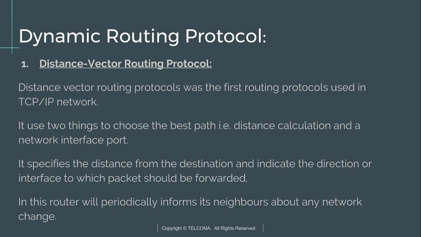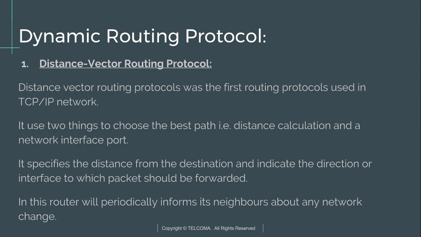First it calculates the distance using the hop metric, and next is the network interface port through which the packet has to be forwarded in the network. So it specifies the distance from the destination and indicates the direction or interface to which the packet should be forwarded in the network. In this, the router will periodically inform its neighbors about any network change.